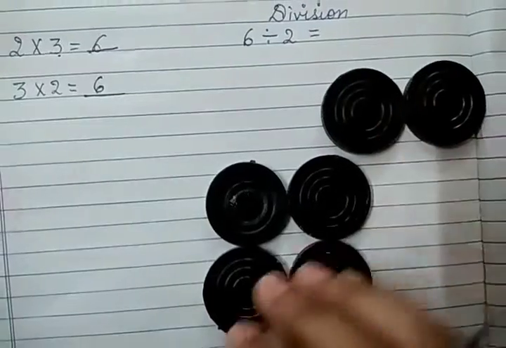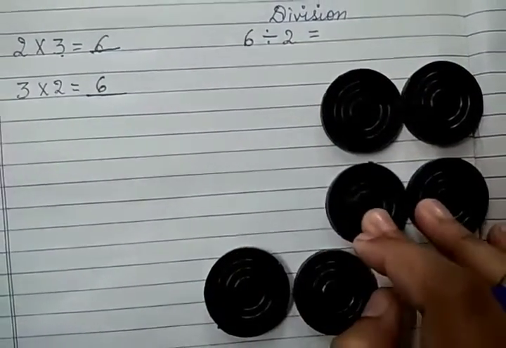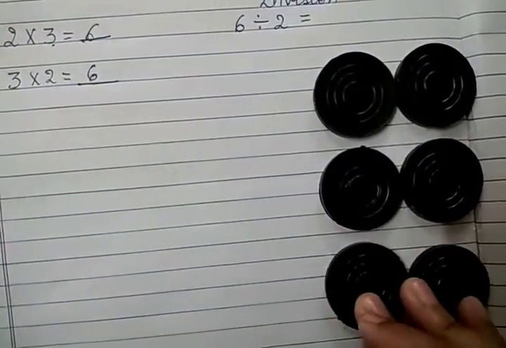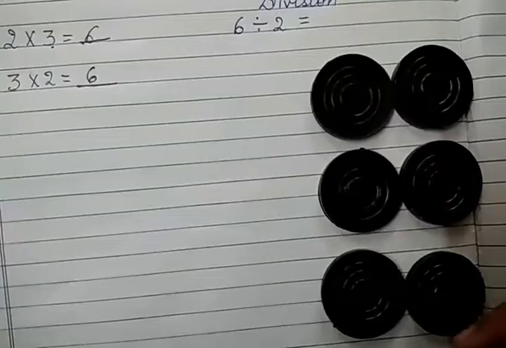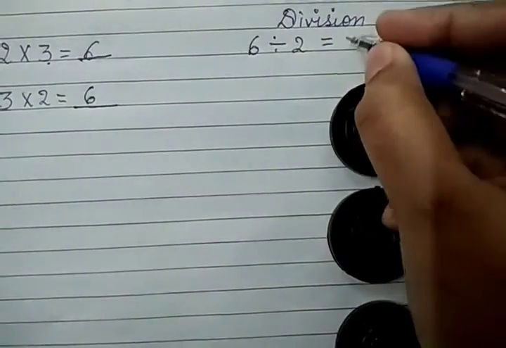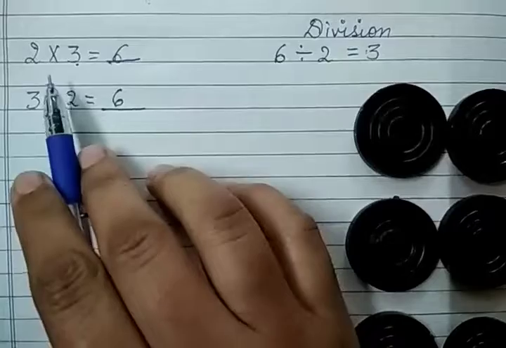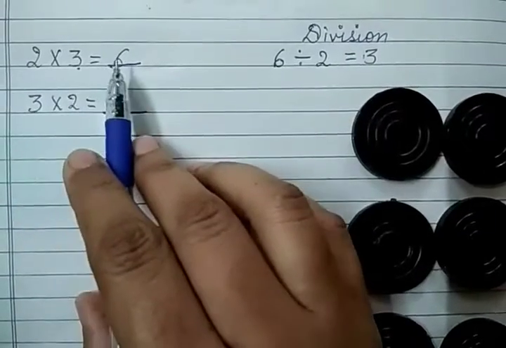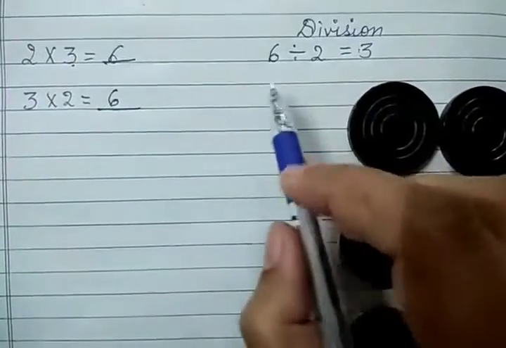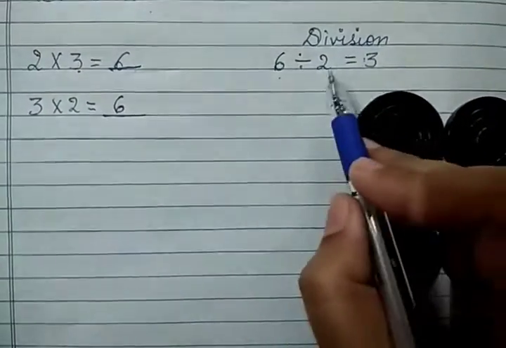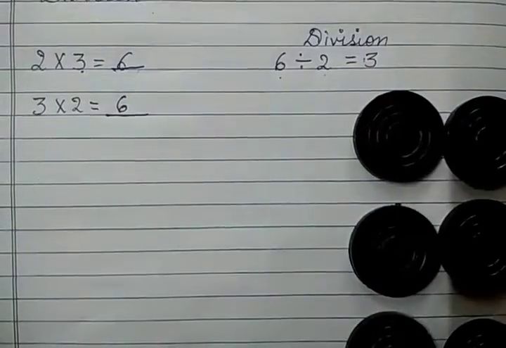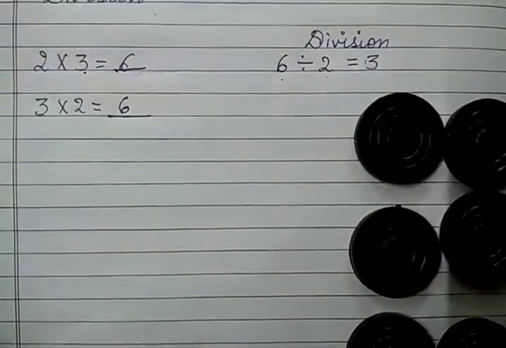So this is our first group, this is our second group, and this is our third group. So total how many groups do we have now? We have 3 groups. In the multiplication you can see that we added to get the total. Here the total is already with us and we are dividing it, means we are distributing it, and the answer is 3.